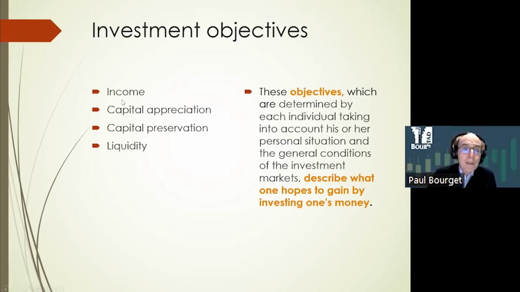So these objectives are income, wanting to get some regular money from the investment in the form of dividends or interest income. We can also talk about capital appreciation. It means what you have invested in will grow in value as time goes by.